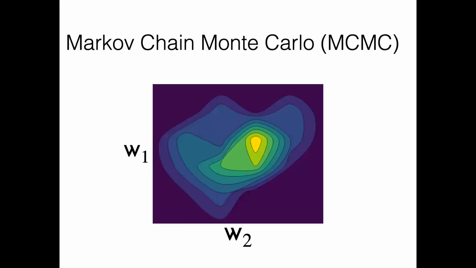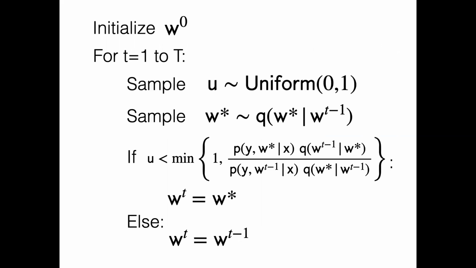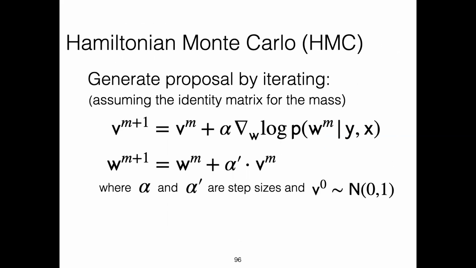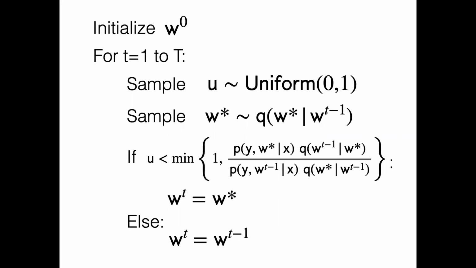So again, right, if we start here, we will propose some random move in this space. And roughly if it's in this direction, we'll accept it. And roughly if it's in this direction, we won't accept it. But there's some randomness to this because we sample this uniform.